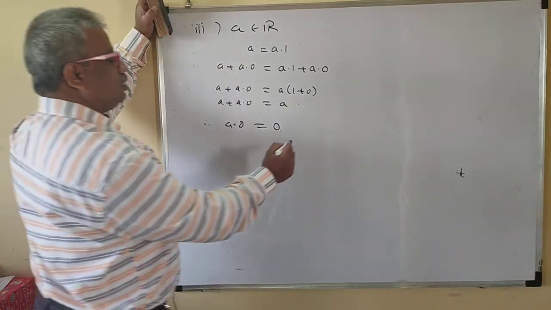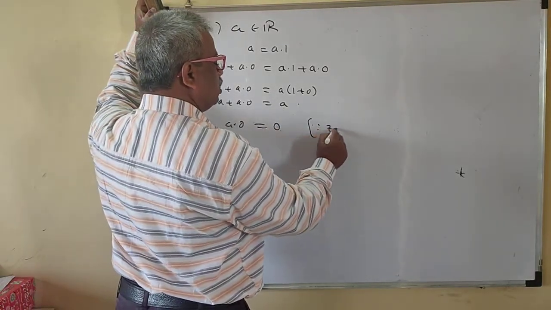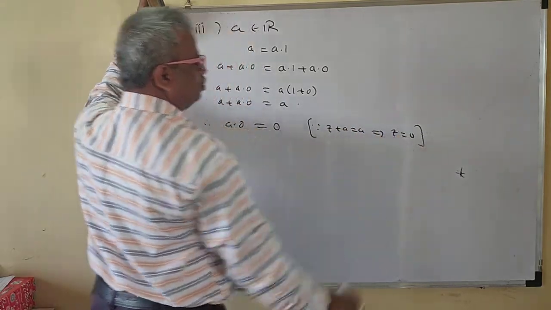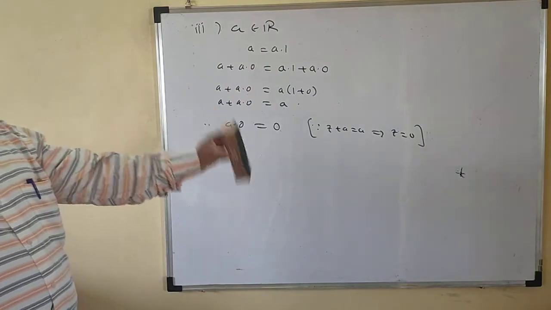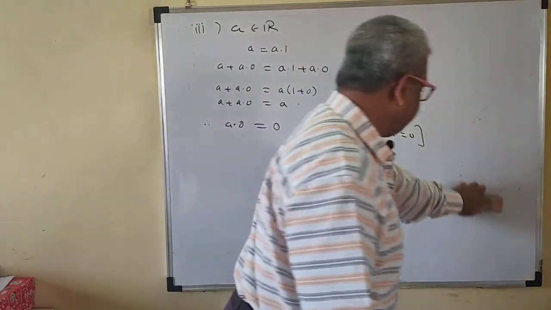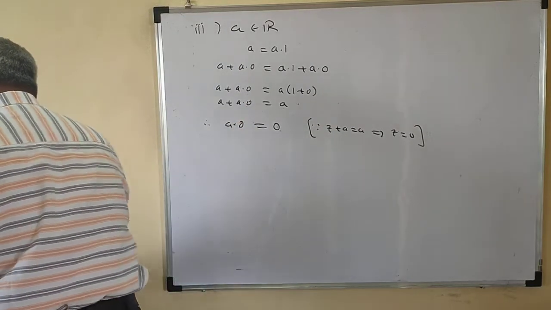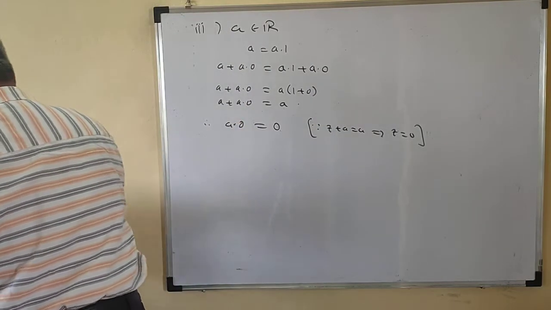Because since Z plus A is equal to A implies that Z is equal to 0. This we have proved. Therefore we can apply. Okay.